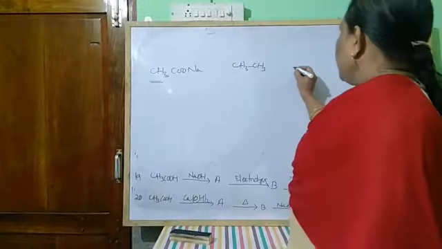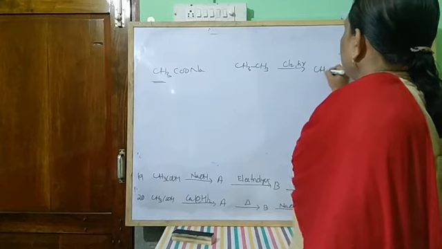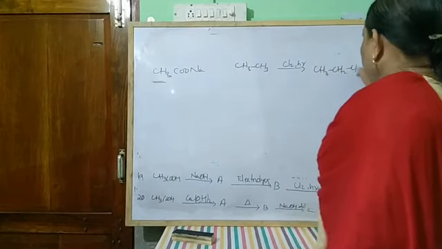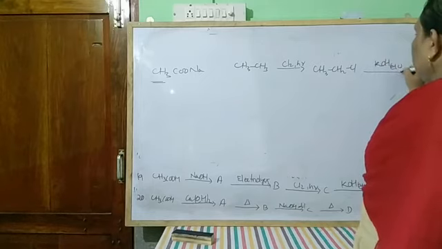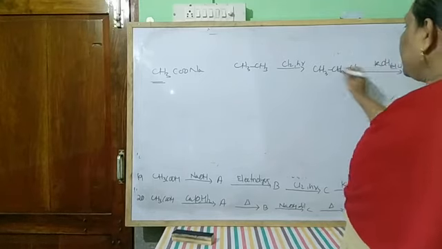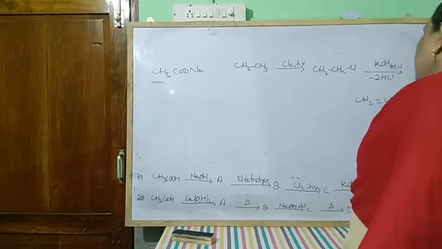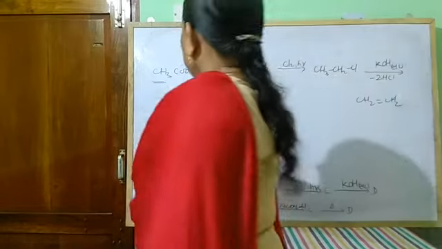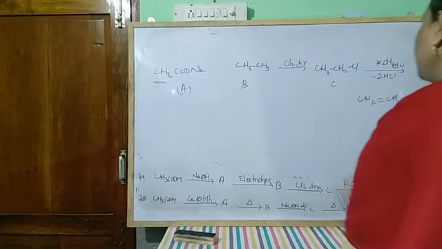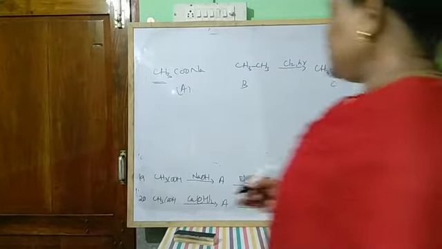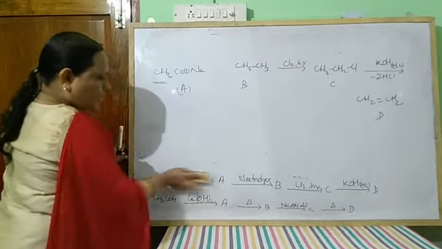It forms ethyl chloride, and ethyl chloride treated with alcoholic KOH, dehydrohalogenation reaction, it forms ethene. So A is sodium acetate, B is ethane, C ethyl chloride, and D is ethylene. Next, last one.